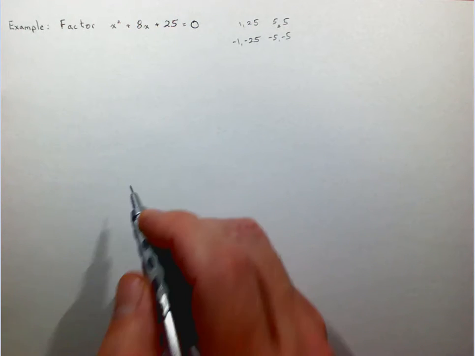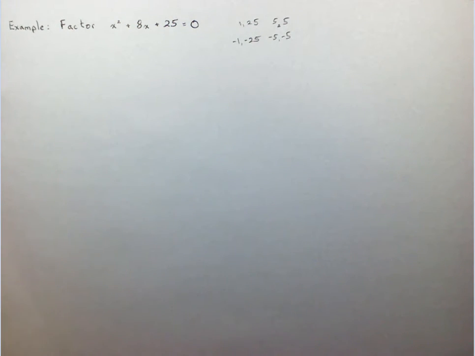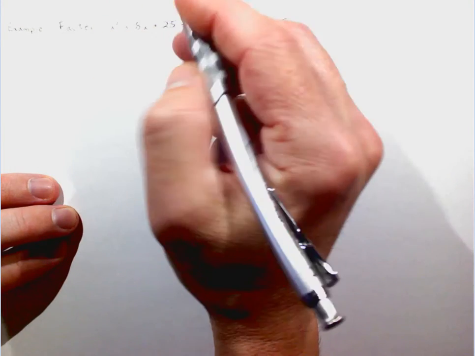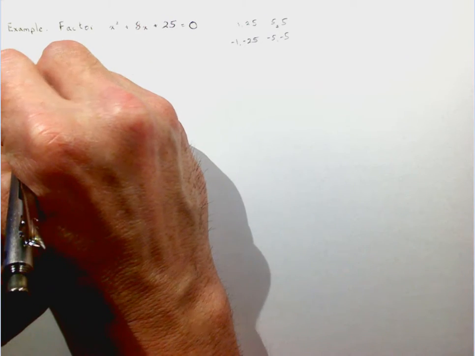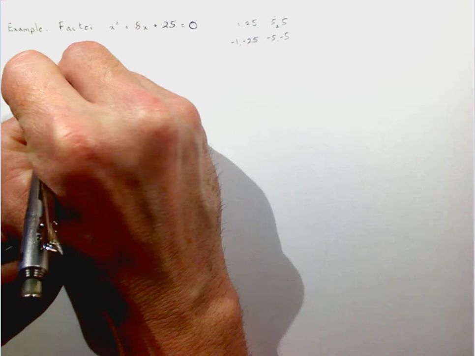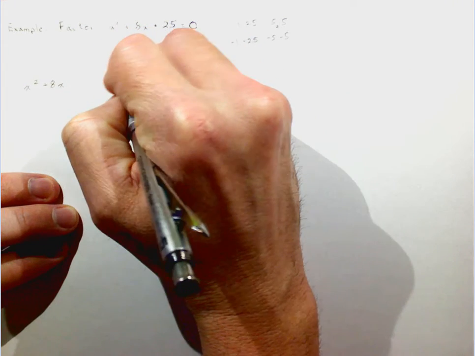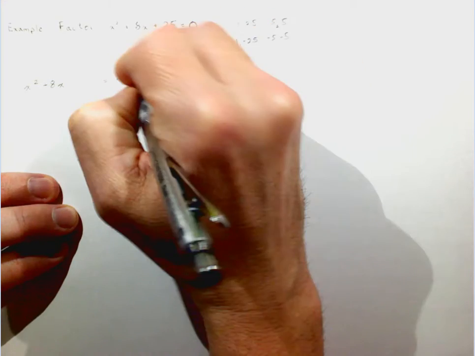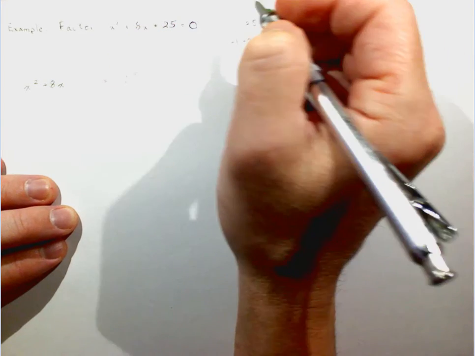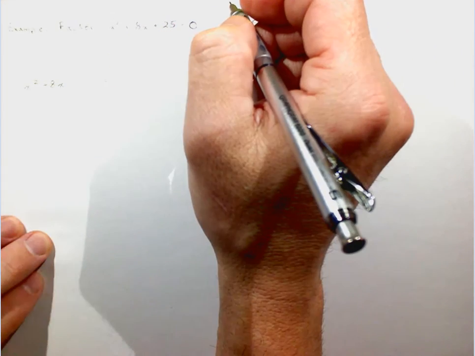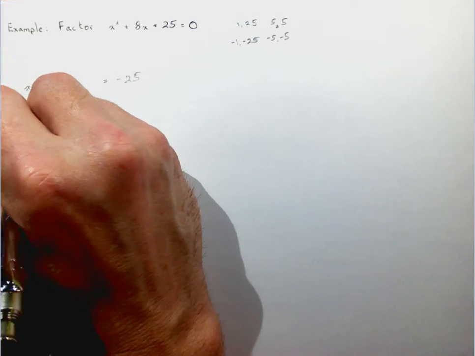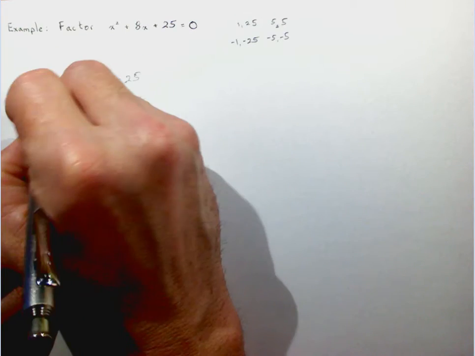So what I'm going to do is complete the square. My a value is 1. So what I have here is x squared plus 8x. And I'm going to go ahead and move my constant over. I subtract 25 from both sides. And then what I'm going to do is take b, which is 8.